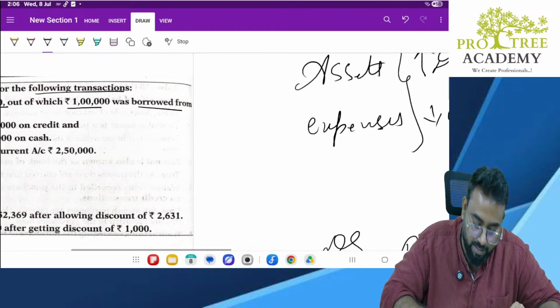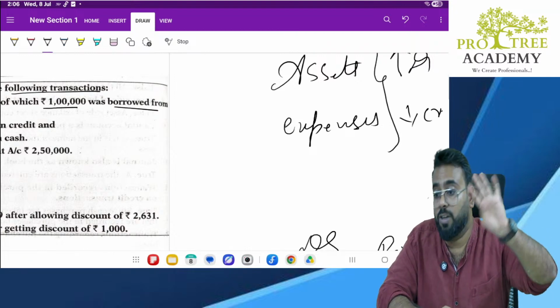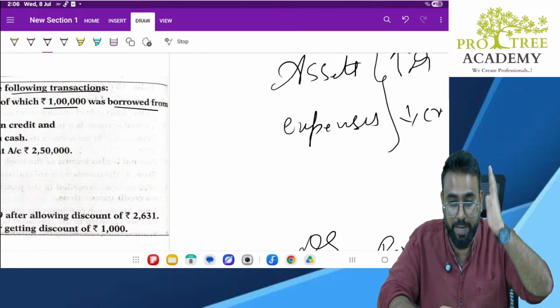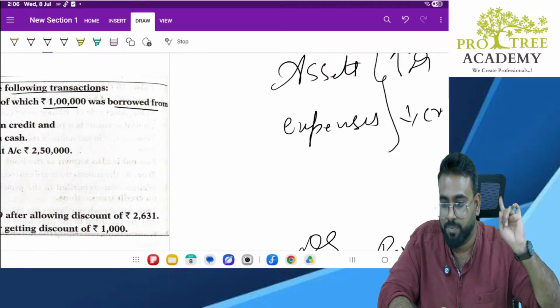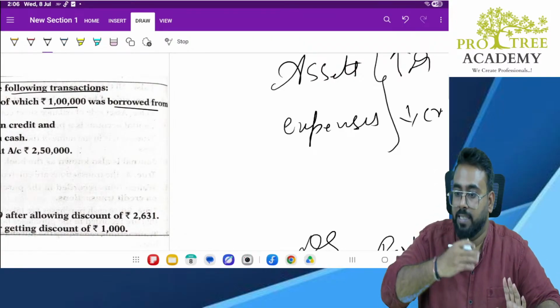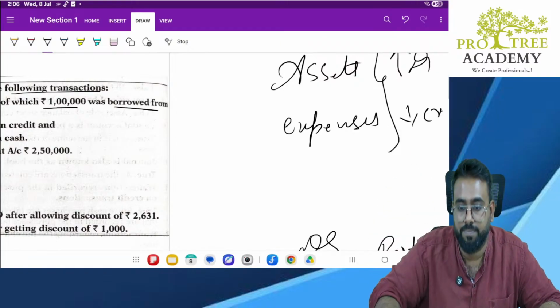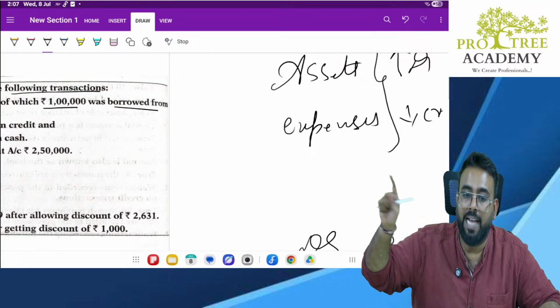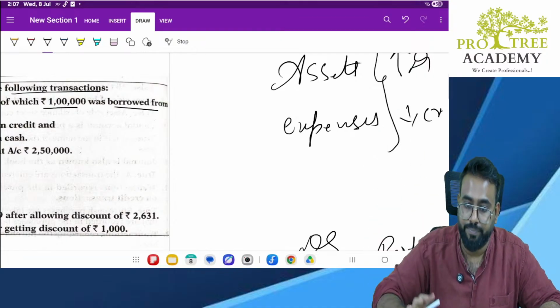So what is the entry? In fact, here there are 3 legs of the transaction, but we will break it. First one is 10 lakh getting introduced, one leg of the transaction. Second leg, 10 lakh coming into our bank account. But there is one more aspect: we are taking a loan of 1 lakh.